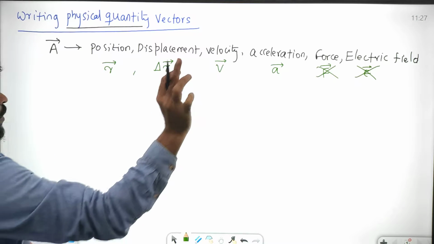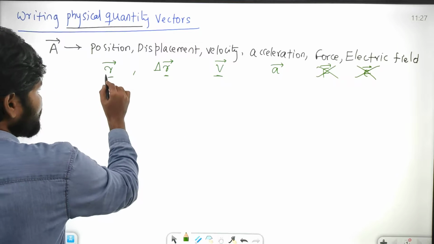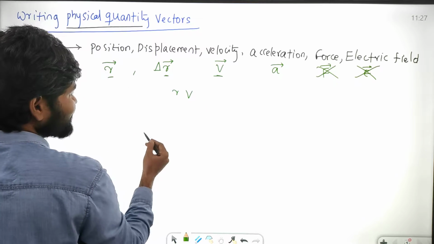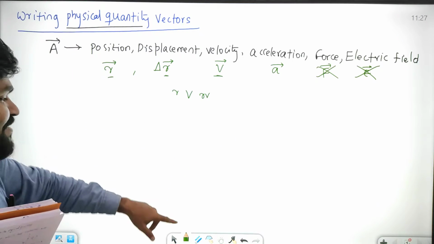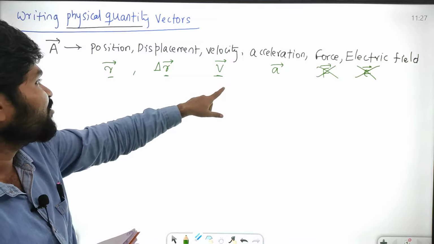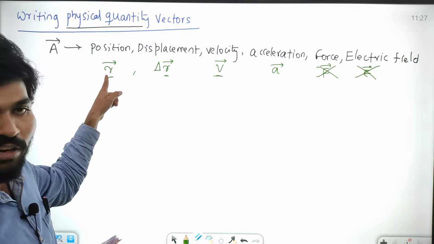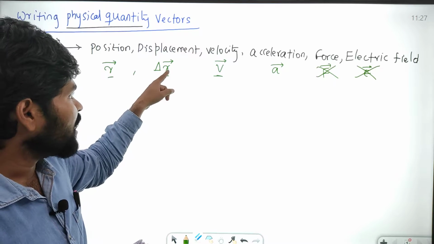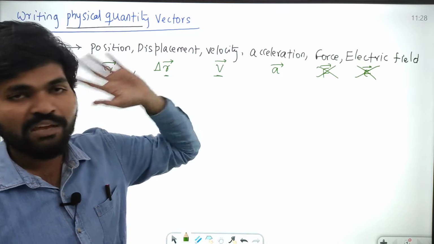Be careful while I am writing r and v; they are different. I will write r like this and v like this. Please be careful. So position vector is represented with r vector, displacement vector with delta r vector, velocity with v vector and acceleration with a vector.